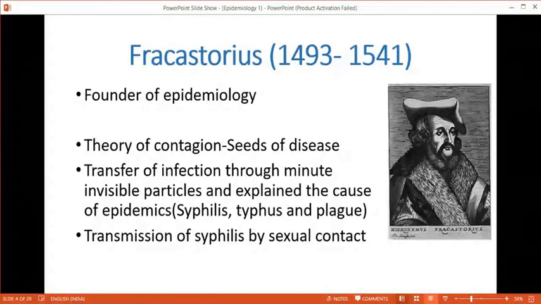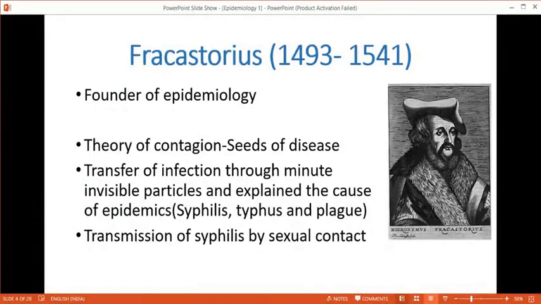He found that epidemics, basically communicable diseases, were very high in those days, with lots of epidemics happening here and there. He found that some invisible particles were transferred from one person to another to cause the disease, and it may be from one person to another, or it can be from the environment.